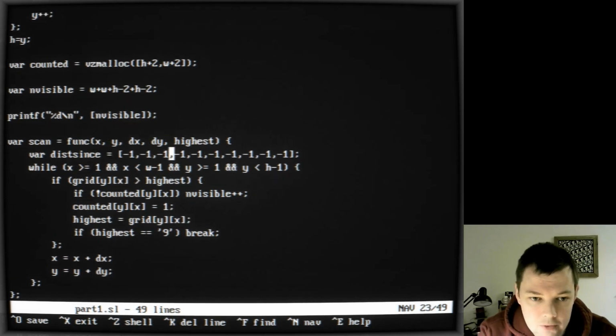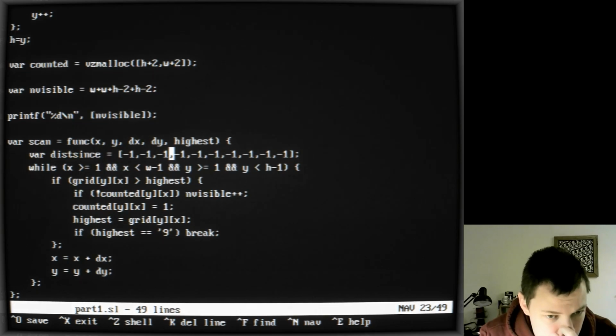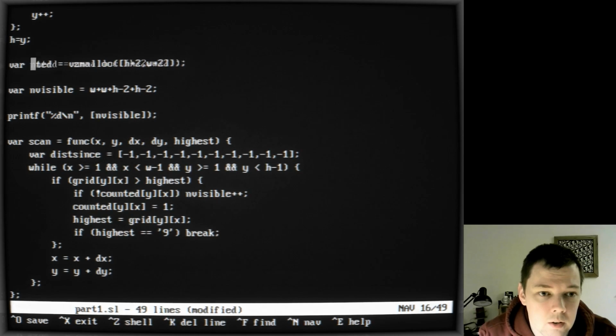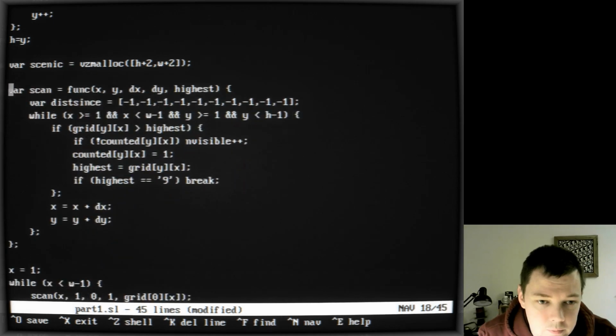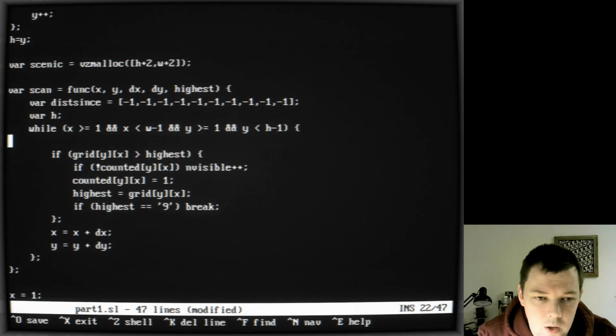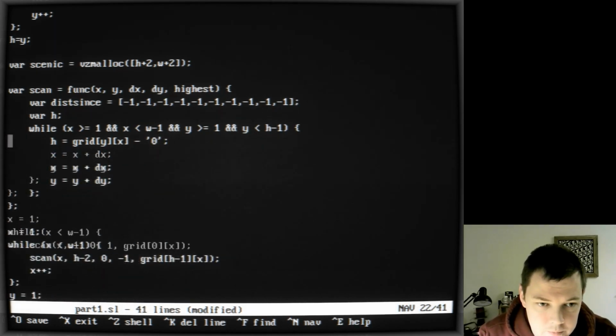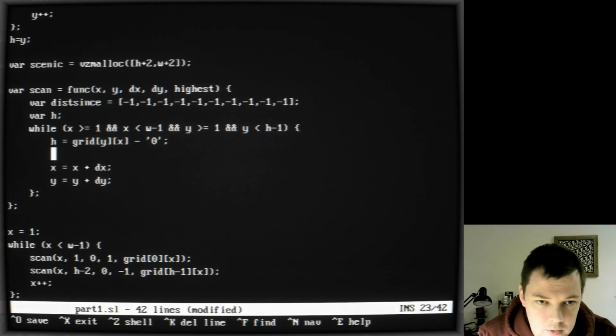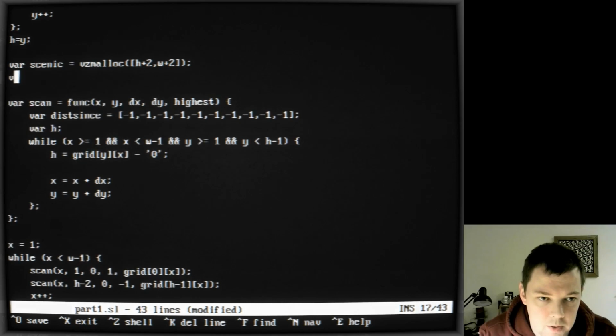And that will say how far it is since we last saw a tree of that height, or greater, I think. So the height here is grid yx minus 0. Scenic needs to be initialized to 1.